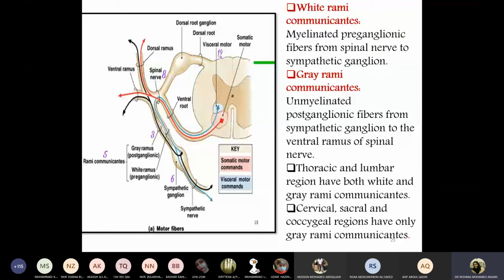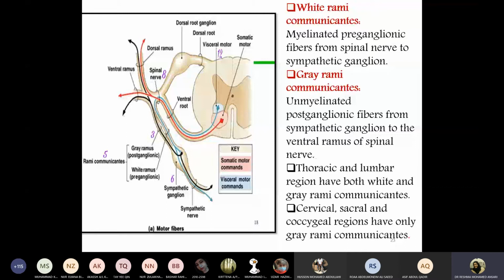The information will travel via the spinal nerve and enter the ganglion first. The part before it enters the ganglion, we call preganglionic fibers. They appear whitish in color and are called white communicantes.